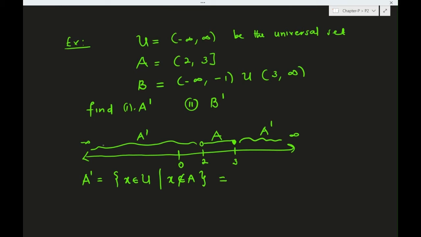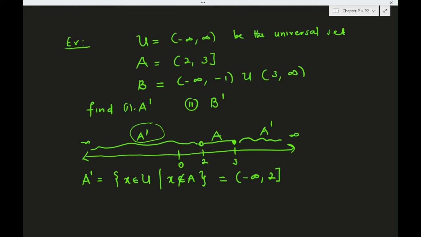So in order to write it, I'm dealing with this first part now. It is nothing but minus infinity up to here. But if you look at this place, 2 is open, so 2 is not inside A, but it's inside this part. So it's going to be from minus infinity to 2 close.